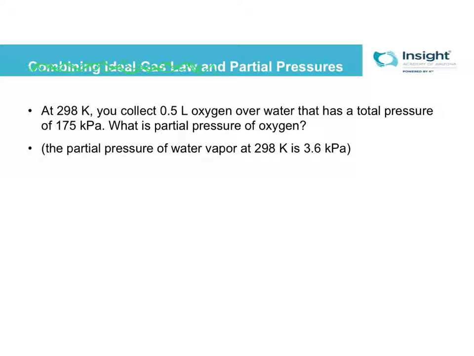So you have, at 298 K, you're going to collect 0.5 liters of oxygen over water that has a total pressure of 175 kPa. What is the partial pressure of oxygen? If you have a total pressure of 175 kPa and you're told that the partial pressure of your water vapor is 3.6 kPa, you've got your P total equals P1 plus P2.